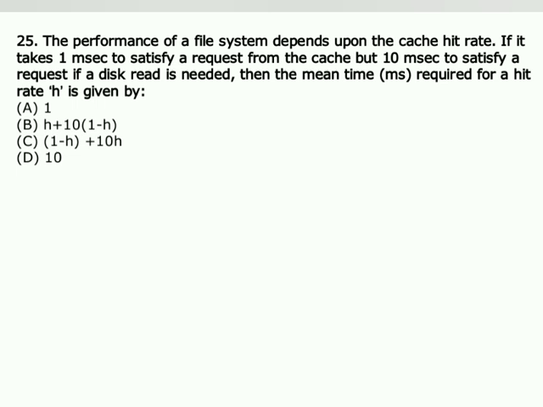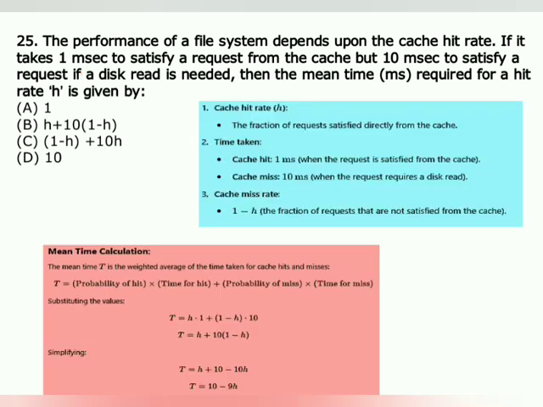So here the time for a hit is 1 millisecond and the time for a miss is 10 milliseconds. So we need to find the mean time required for a hit rate h. So here the cache hit rate is h, and the time taken for a cache hit is 1 millisecond.